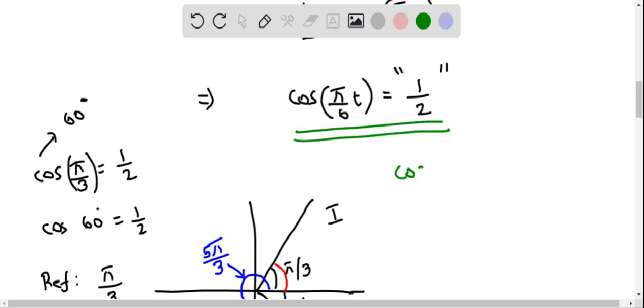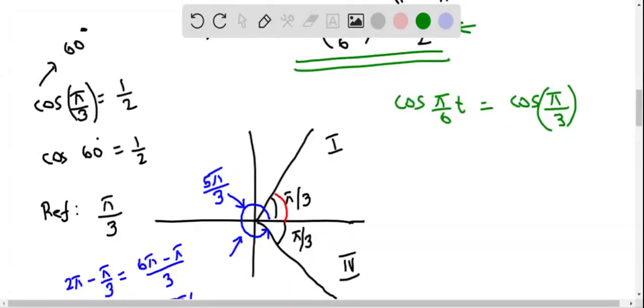That is, I can set this as cosine of pi by 6t equals cosine of pi by 3, because cosine pi by 3 equals half. Also, I can set up another equation. Let me write it down here.